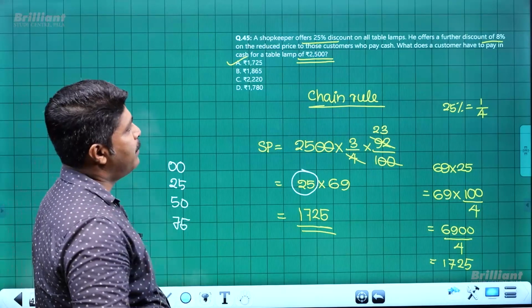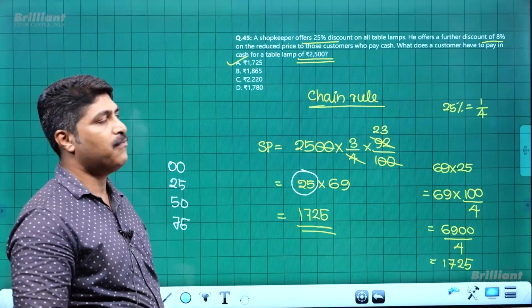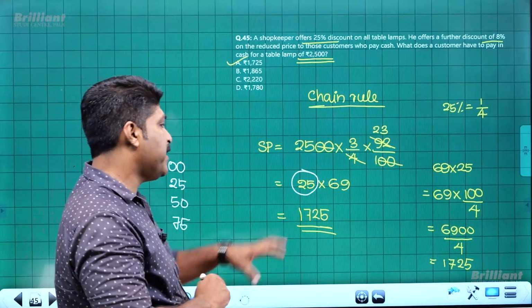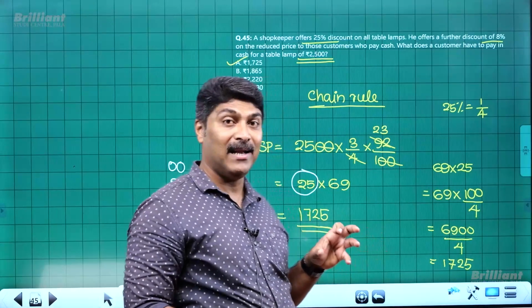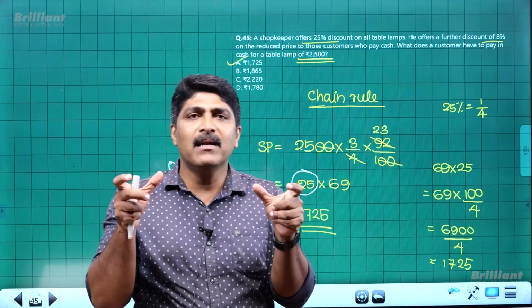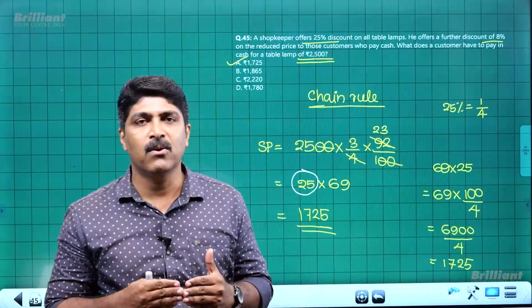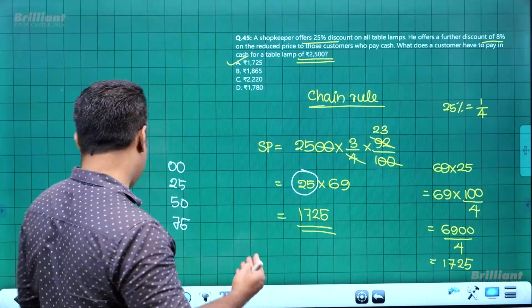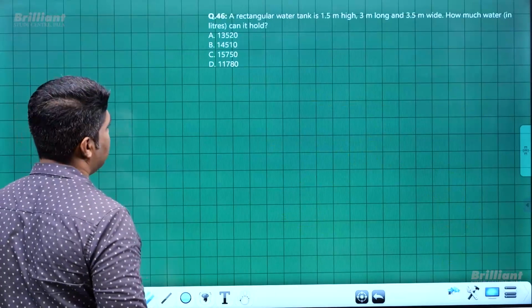Look at the options. Which is a convenient figure in the set of options? There is only one possibility, 25. So you don't want to spend too much time on further calculations. Like that, you also have to develop a numerical tricky observation style. So like that, we can catch the answer without further steps of calculation.